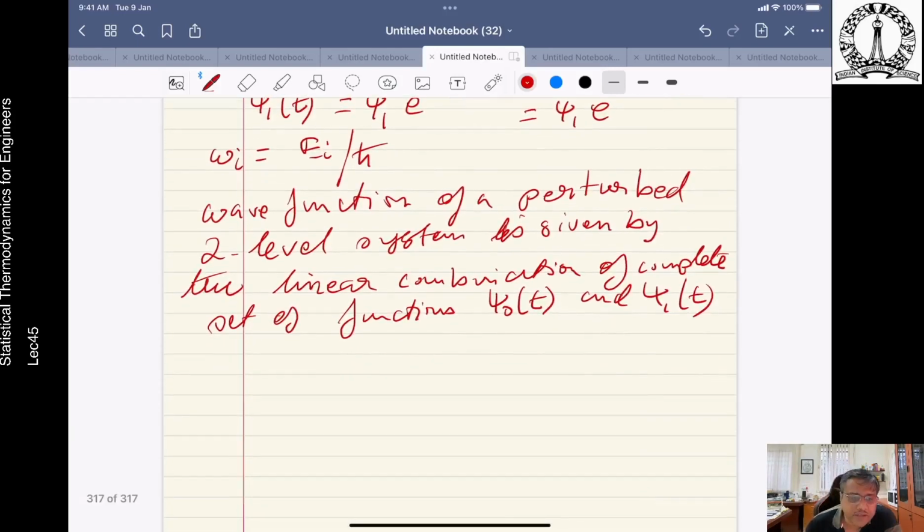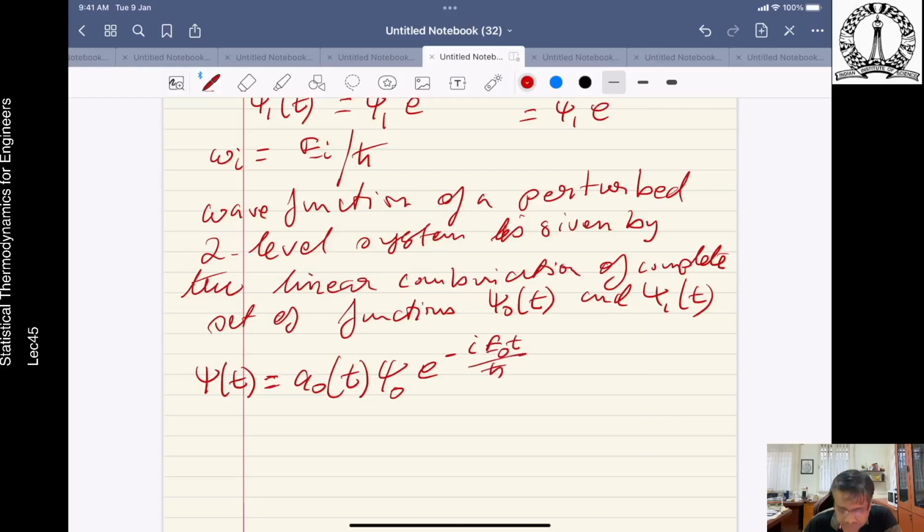Okay, great. So Ψ(t) is therefore given as a0, so this is a linear combination, and this is basically the time-independent part, e to the minus i E0 t by ħ, plus a1(t), again with the time-independent part, e to the minus i E1 t by ħ.